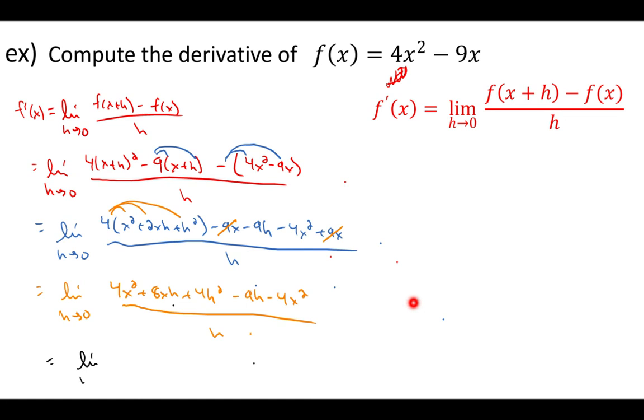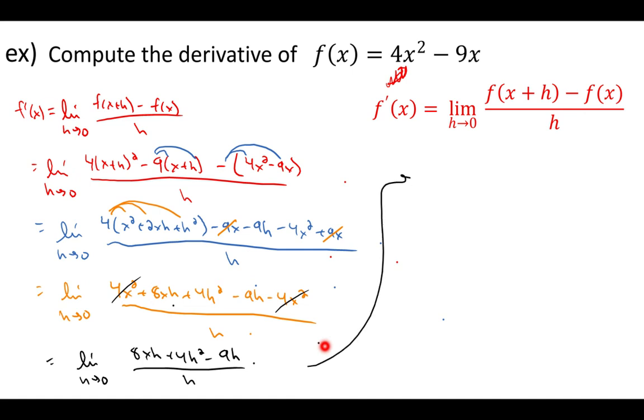So then we've got limit as h goes to 0. We do get a 4x squared and a minus 4x squared. Those cancel. That's good because those are both x terms and they didn't have an h with them. So then what we're left with is an 8xh plus a 4h squared minus 9h over h. Now we can go ahead and factor it out.